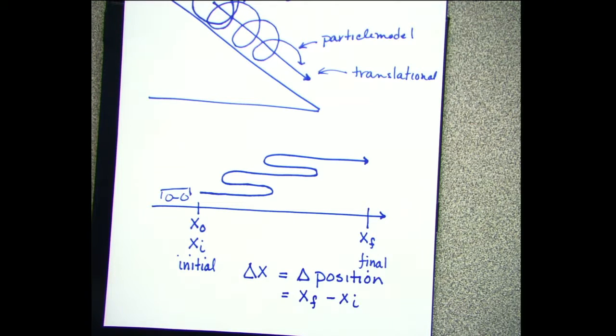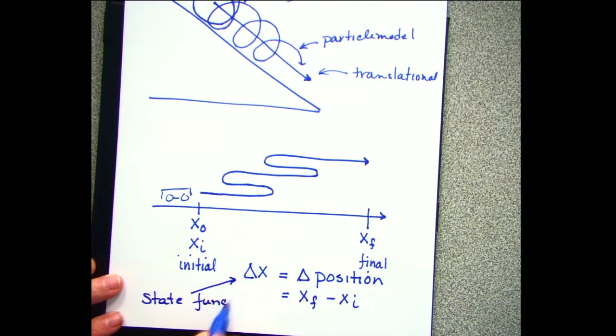But this, and those of you who've had me for chemistry will recognize it, looks like a state function. It doesn't matter how I got from point A to point B, or the route I took. All that I care about is where I started and where I finished.